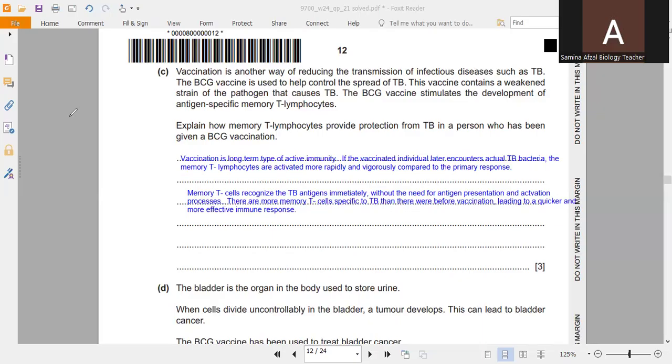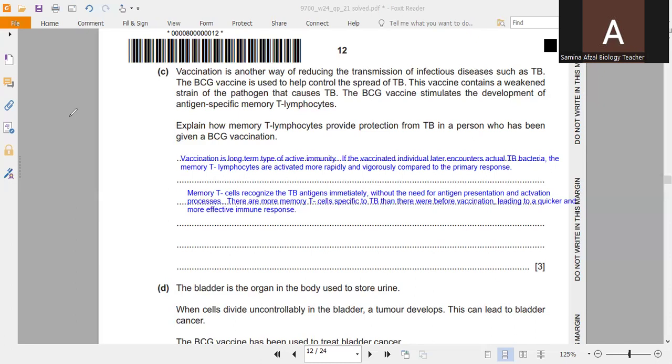In this way, vaccination plays a very important role, due to memory T lymphocytes, which immediately start producing the antibodies. So in this way, vaccination is very important for us.